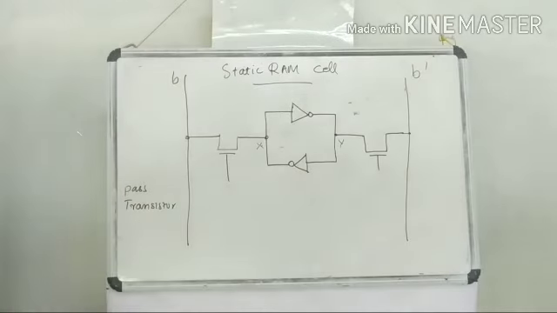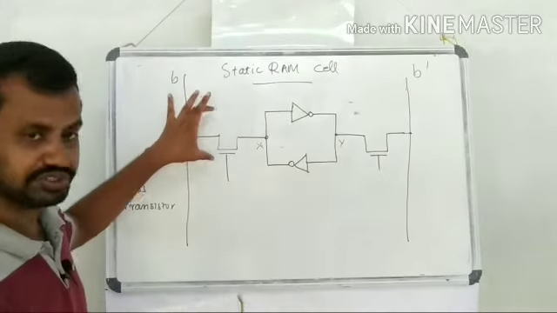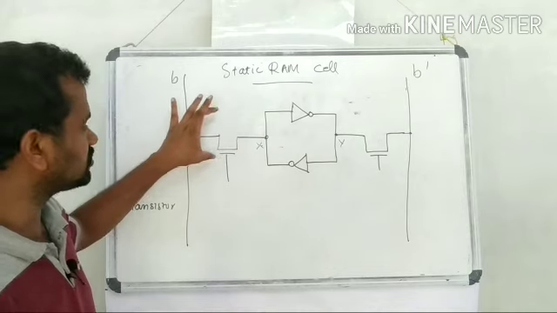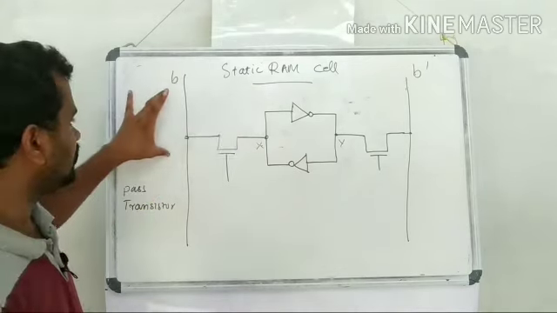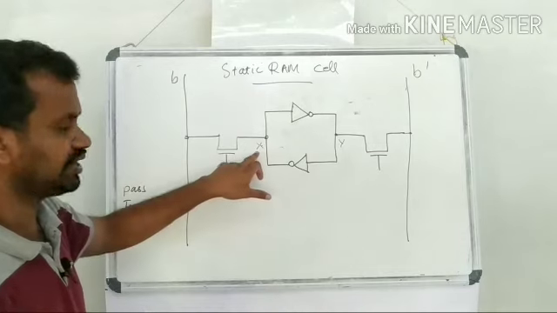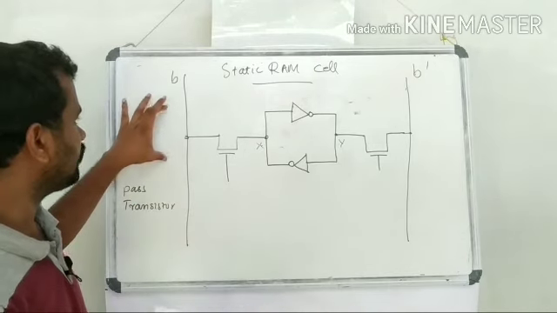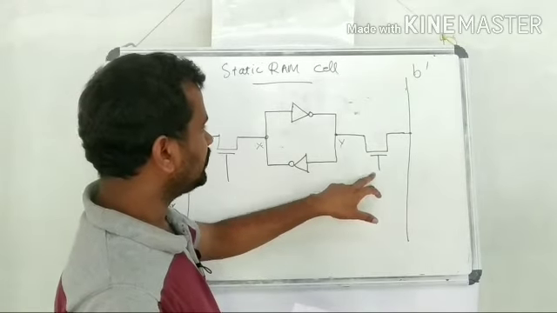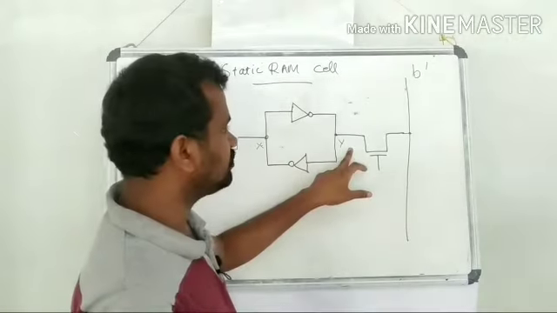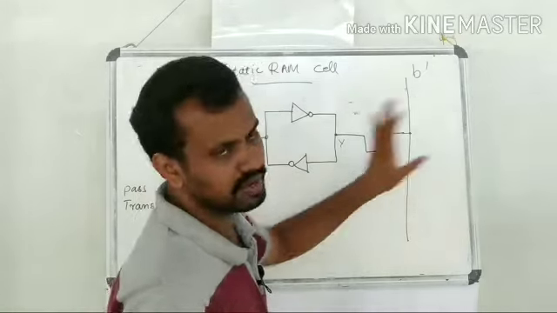They are called pass transistors because each transistor acts like a switch. Whenever this transistor becomes on, the content of the latch will be available here. That is, the value at point X will be available here, and if this transistor is on, then the content at point Y will be available at the B bar line.